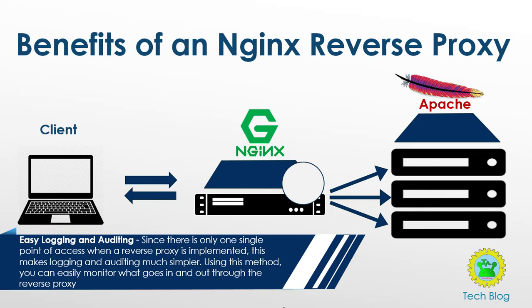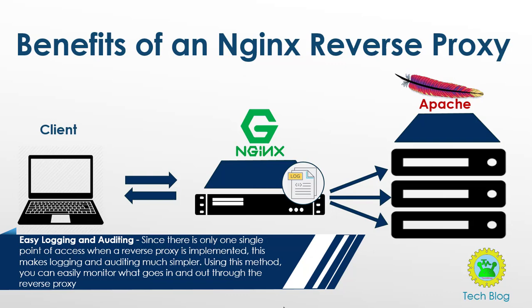Next thing is easy logging and auditing. Since there is only one single point of access when a reverse proxy is implemented, this makes logging and auditing much simpler. Using this method, you can easily monitor what goes in and out through the reverse proxy.